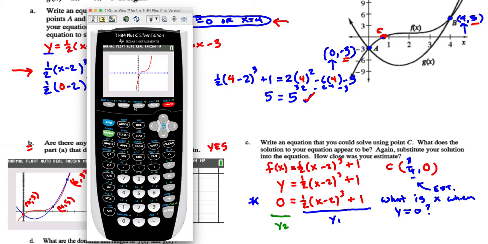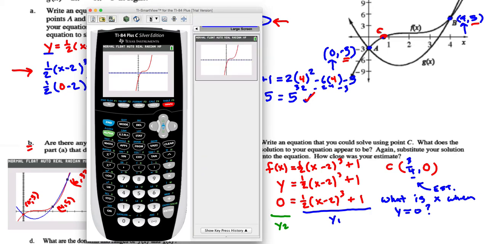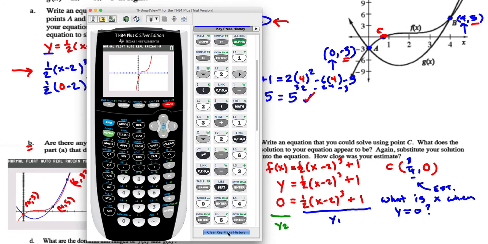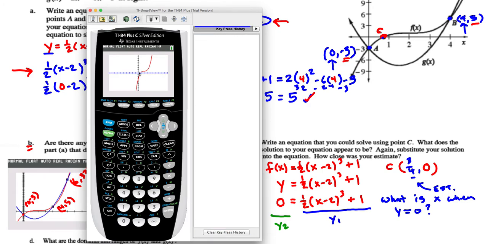And if we want to find our intersection point, we could do a couple things here. Let's get out our keystroke sequence so you can see here. Let's clear that out. So remember, to find the intersection point, we're going to do second trace.